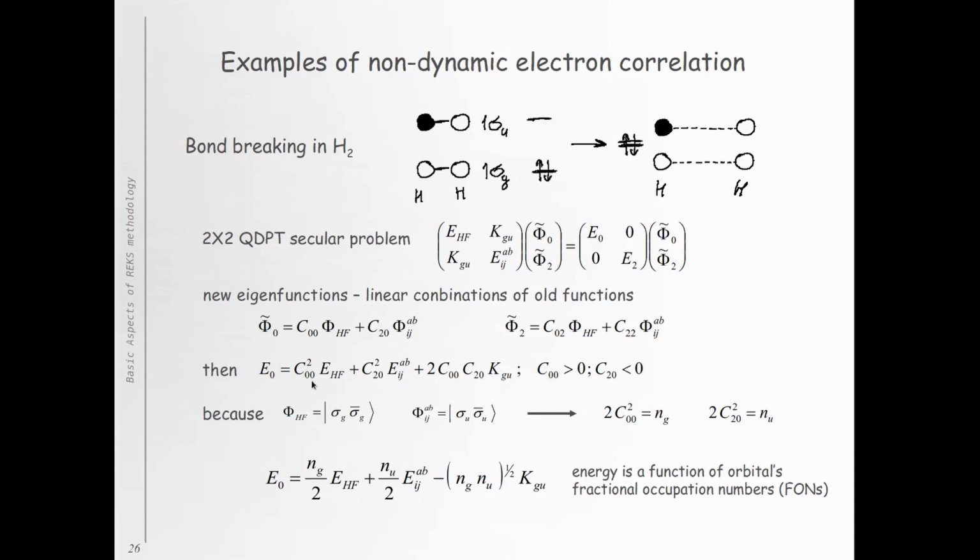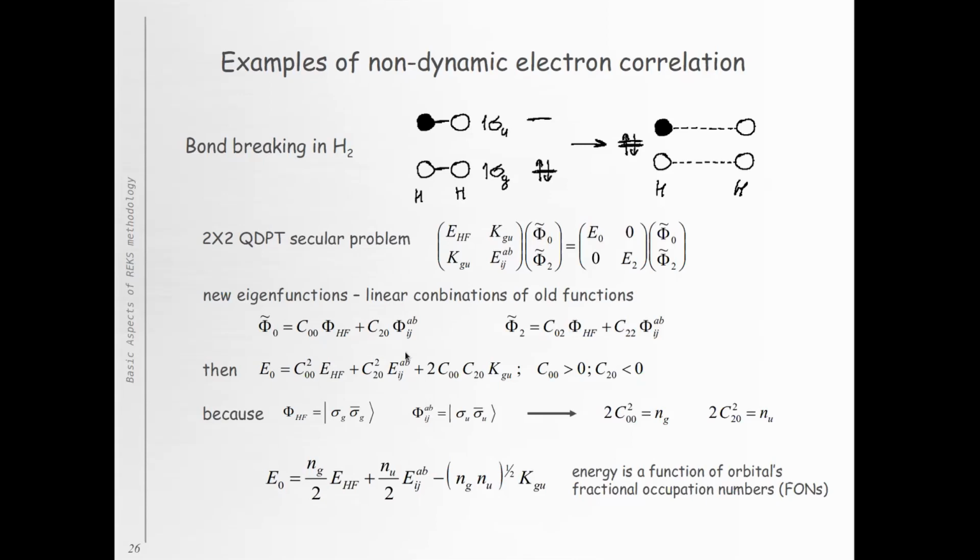We can always do that, right? We have the square of the first coefficient, and this first coefficient is given by the square root of the occupation number of this orbital in the final wave function, because it gives us the number of electrons that this configuration will have on average, right? The average weight of this configuration. And then we have the square of the other coefficient before the energy of the doubly excited configuration.